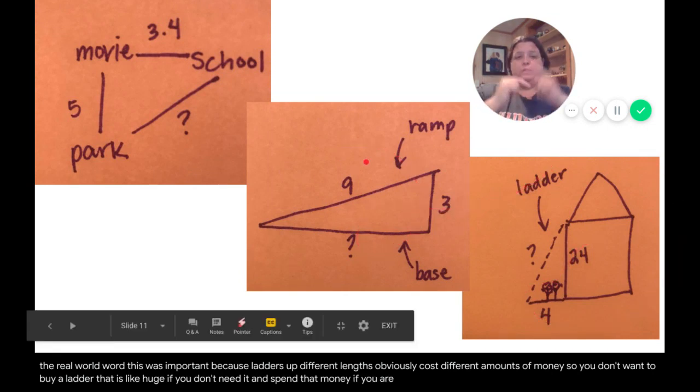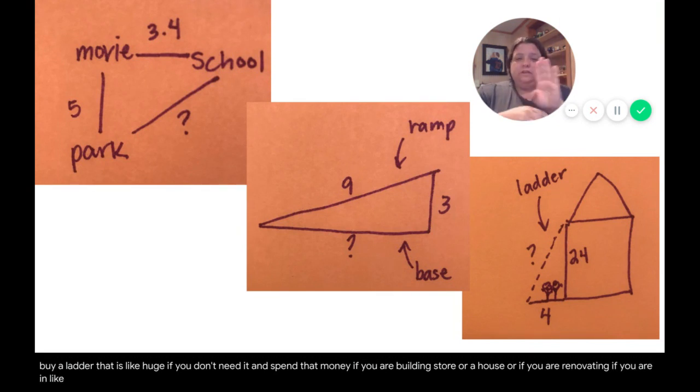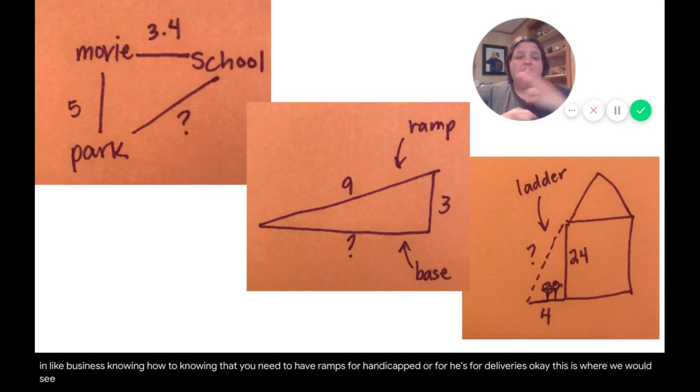If you are building a store or a house, or if you are renovating, especially if you are in business, knowing that you need to have ramps for handicap access or for ease of deliveries, this is where we would see that used in engineering.